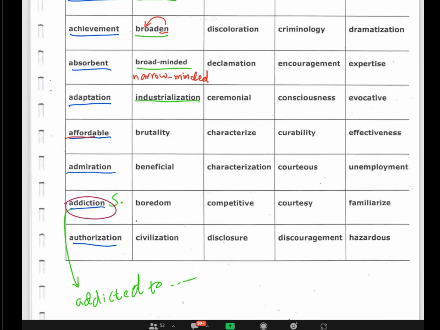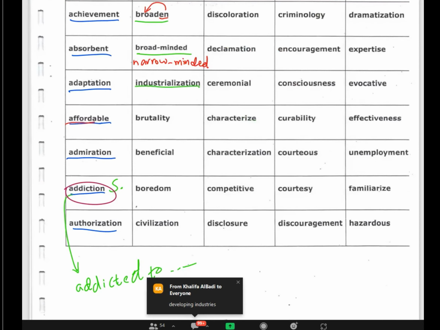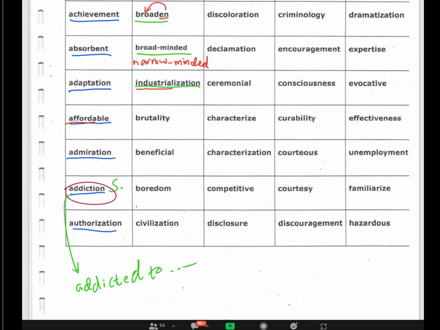Industrialization. It's a noun. Related to industry, very good. Industry and manufacturing, yes. There are a lot of industrial areas in Oman, for example. Can you give me examples?